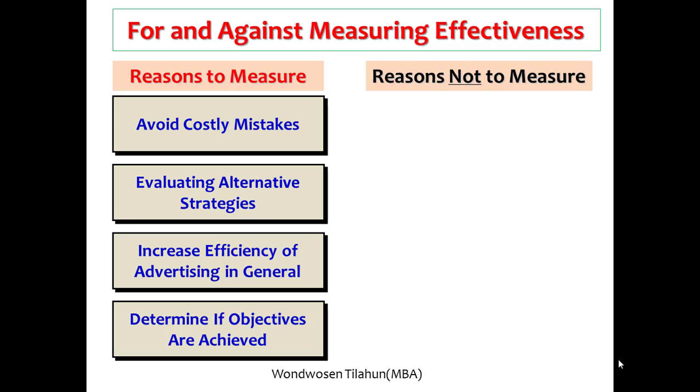This is the most important reason. Avoiding costly mistakes: sometimes if the company has sufficient financial status, it couldn't be an issue. Evaluating alternative strategies, yes. But when we see the last reason, it's about the objective of the organization. As I mentioned in the previous chapters, organizations have hierarchical objectives.